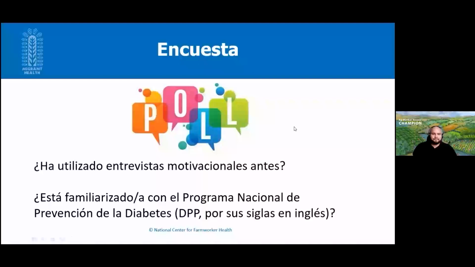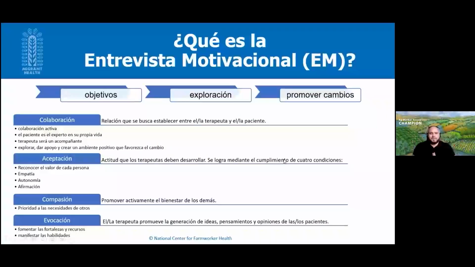So now we can go on to the next slide. Let's begin by talking about motivational interviews. What are these? We have some visual concepts here. The motivational interview is designed to meet certain objectives that are going to strengthen the commitment and the motivation in people in order to create a specific change in their behavior.